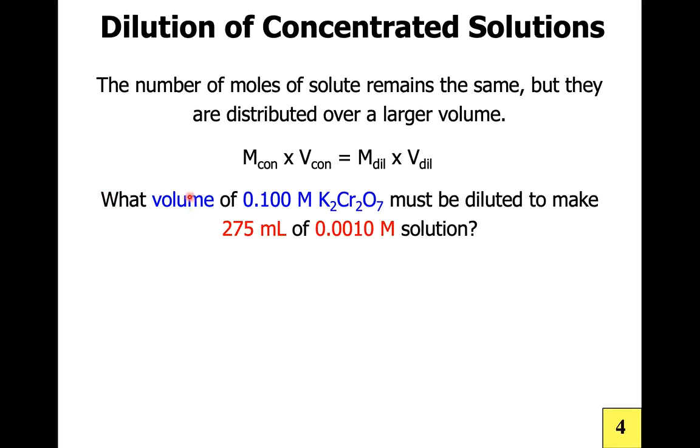And in this question, we're asked what volume of a 0.100 molar potassium chromate solution must be diluted to make 275 mLs of a 0.0010 molar solution. And we want to find the volume, and this is the concentrated volume, because it's the volume associated with the concentrated concentration.